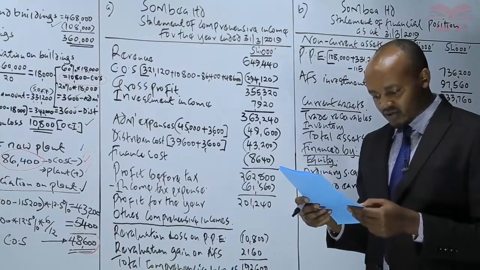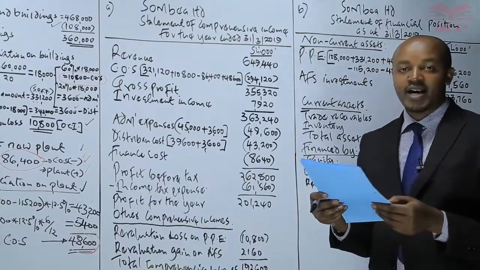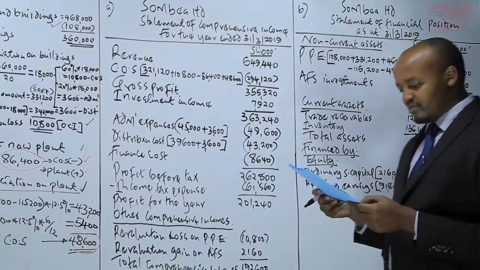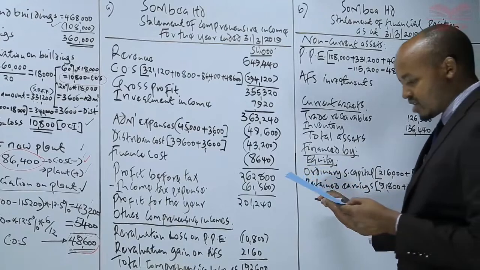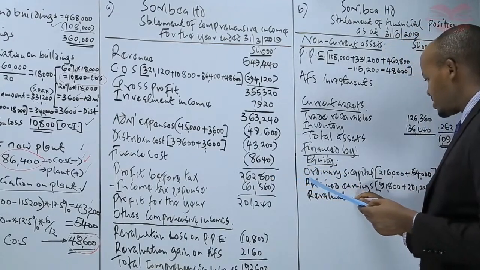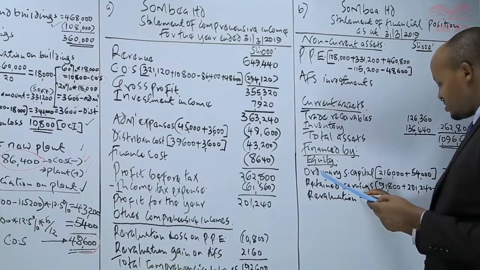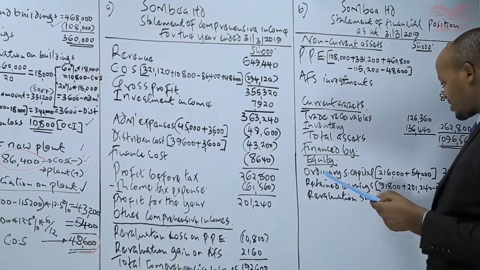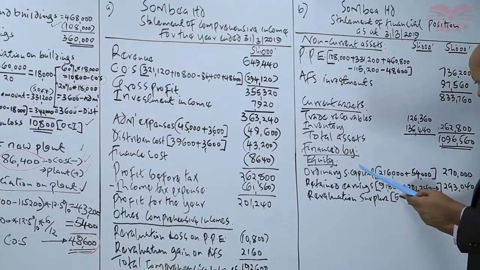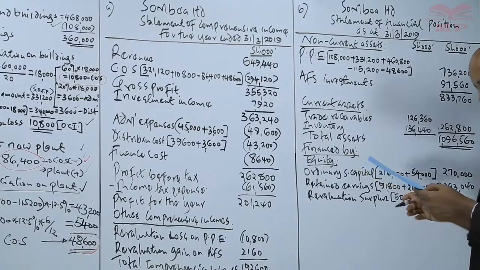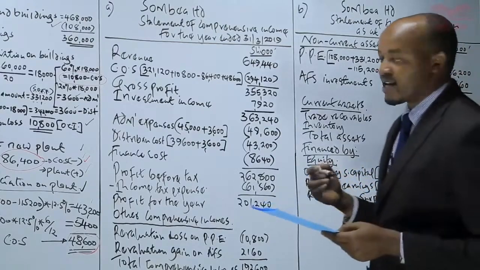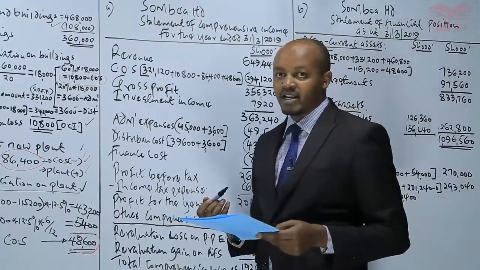Then we check whether we have any other component of equity. Below the retained earnings, we have debentures, those are non-current liabilities. Trade payables, that is a current liability. But below that, we have a revaluation reserve for land and buildings, or a revaluation surplus. The revaluation reserve at the start of the year was 50,400, but that will have to be adjusted because in the current financial year we had a revaluation loss.